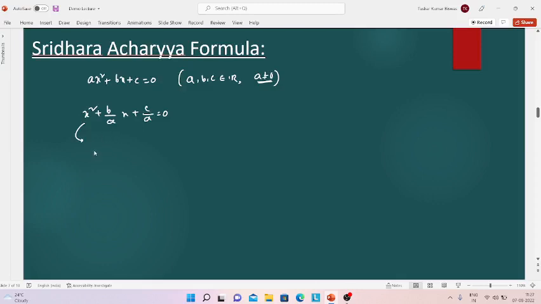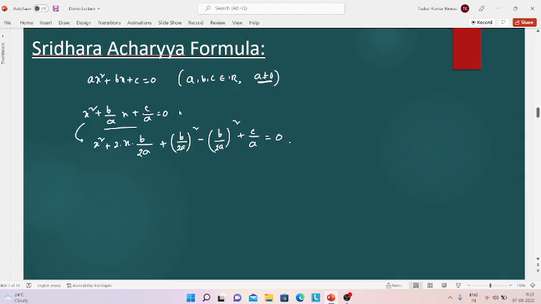In order to make the perfect square, we have to take x square plus 2x and b by 2a. So here you can see that after cancelling these 2, we will get b by a into x, right? And additionally we add b by 2a whole square minus b by 2a whole square, and the extra part is c by a, which I just wrote down here.